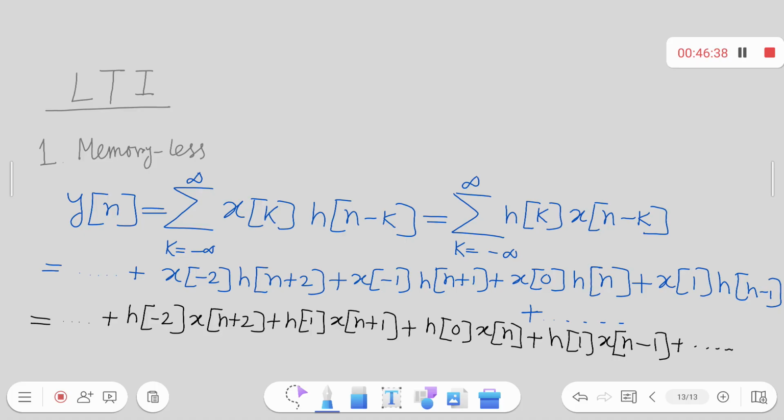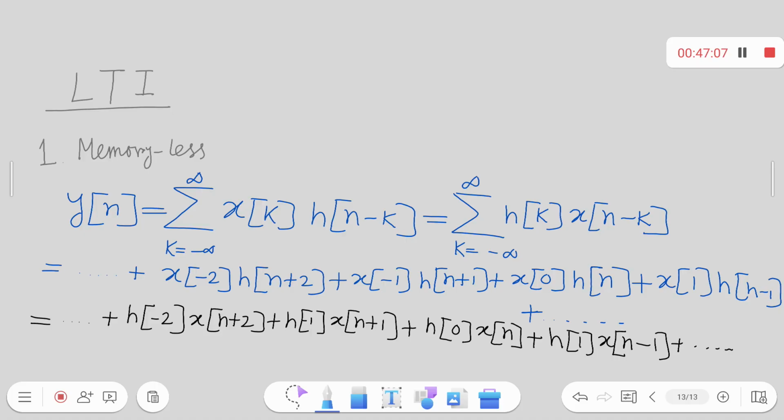Clear? So now the thing is that when you are finding out this y of n, if the system is a memoryless system, then the value of y of n will depend only on x of n. It will not depend on x of n minus 1, that is the previous samples. It will never depend on x of n plus 1, which are the future samples.